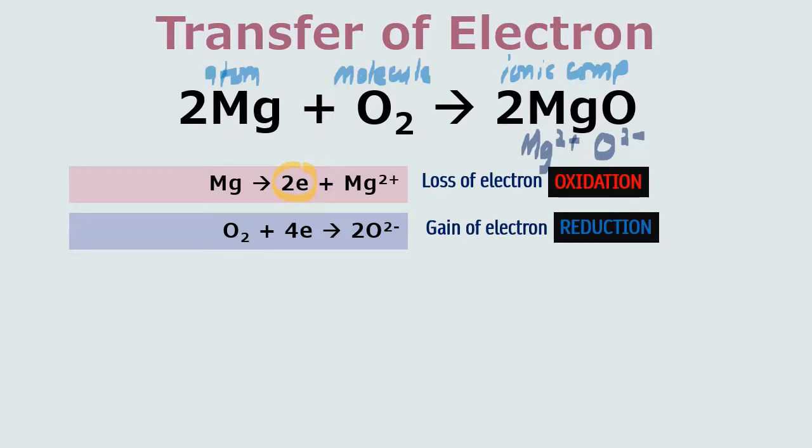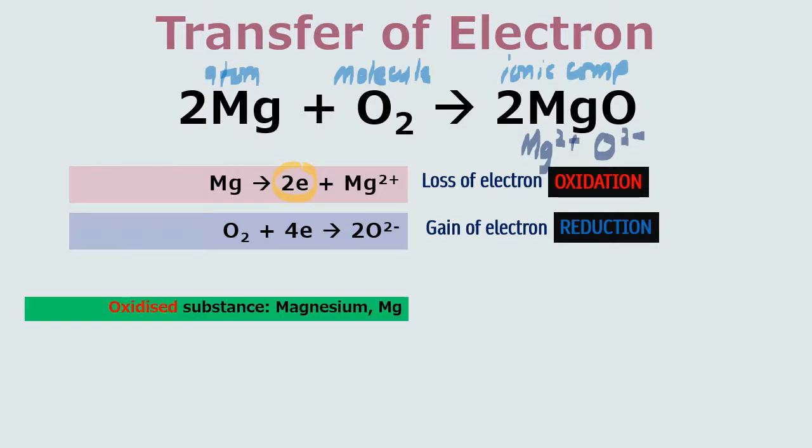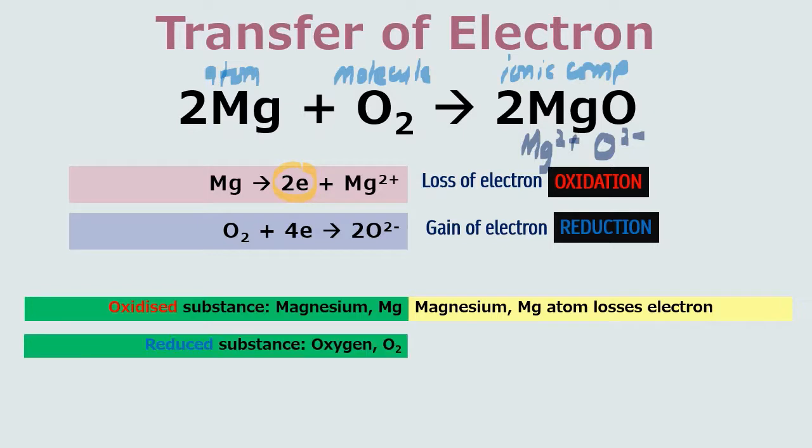Referring to these reactions, we know that magnesium is the oxidized substance because magnesium atom loses electrons, while oxygen molecule is the reduced substance because oxygen molecules gain electrons.